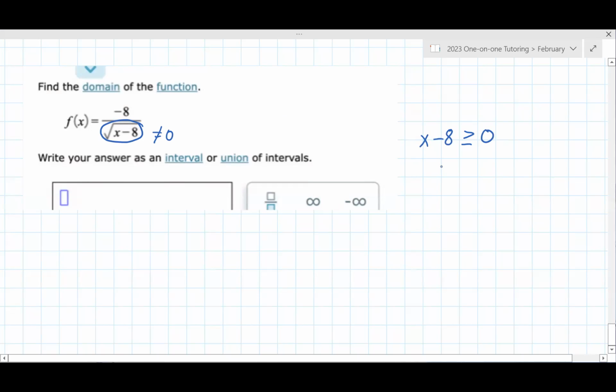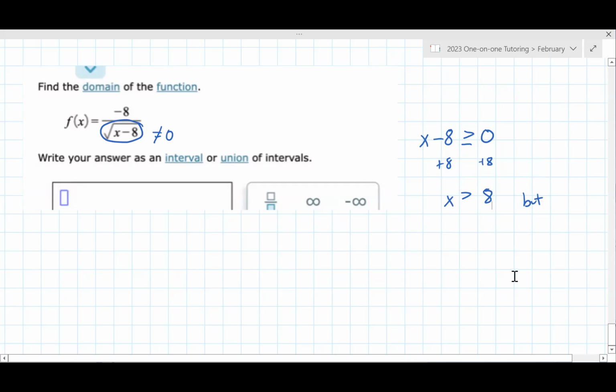So you add 8 to both sides and you get x is greater than or equal to 8. But what happens at 8? What happens when you take the square root of 8 minus 8? That's 0, and the square root of 0 is 0. That's not allowed. So you have to exclude this to be just greater than 8.